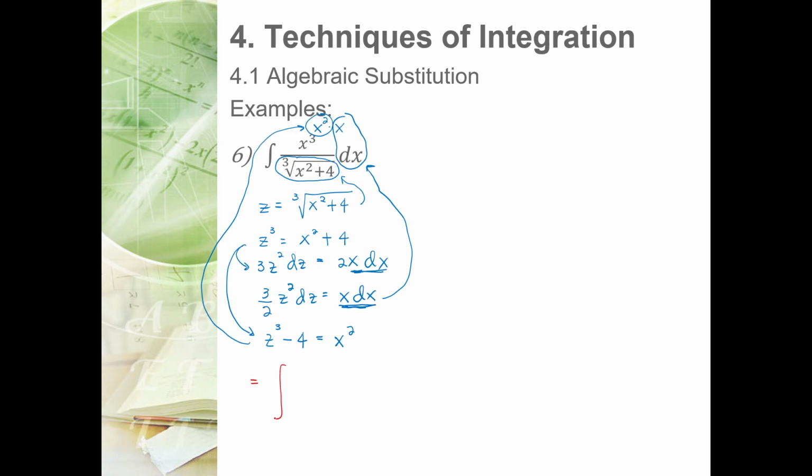So in the new format, x squared is z cubed minus 4. Again, we're taking it from x squared first because we have broken down your x cubed into x squared times x, because your dx needs one variable of x for us to complete the substitution technique. So x dx is 3 halves z squared dz.